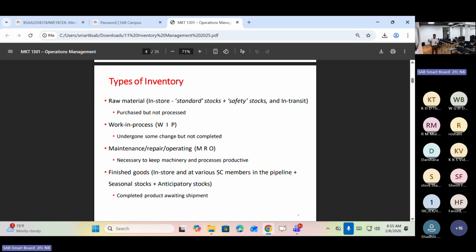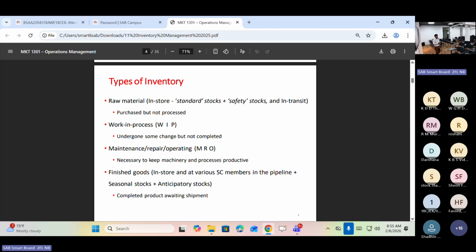We'll discuss them in detail again. And then the purpose of inventory management is to maintain a balance between higher customer service levels, that is, making sure that your products are available, and on the other side, minimizing inventory investment.